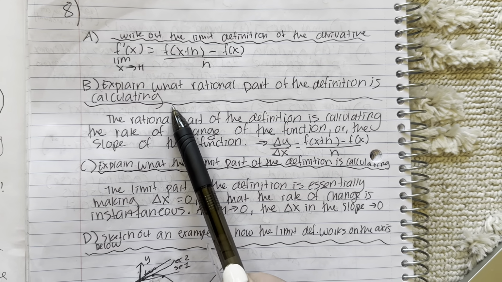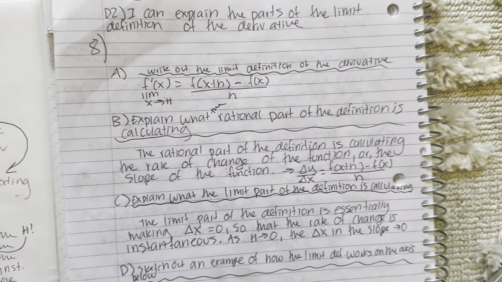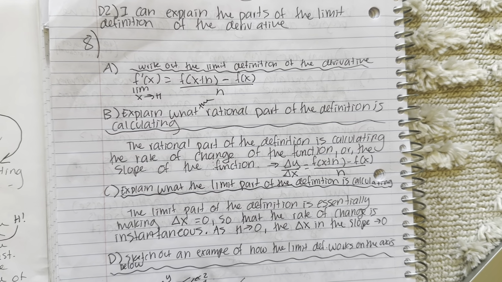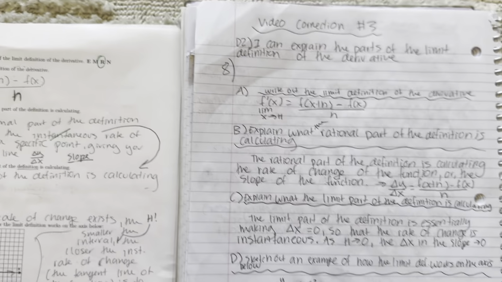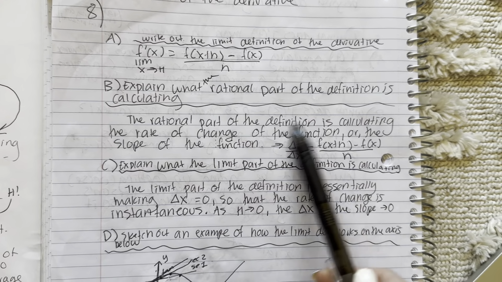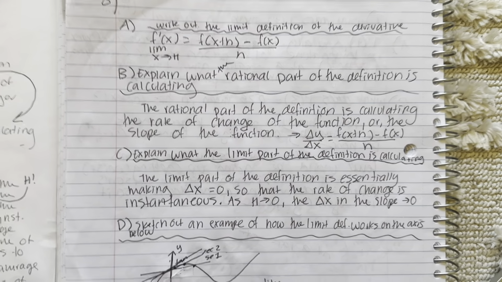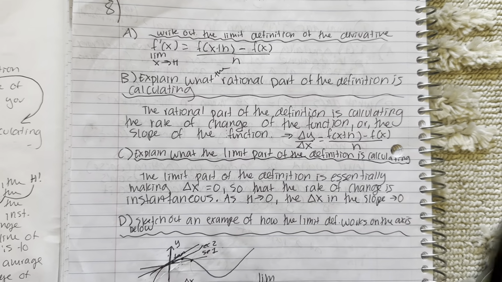B, explain what the rational part of the derivative is calculating. Basically it's a similar kind of answer, but it's solidified, I would say, and I've grasped a much deeper understanding of all these concepts.